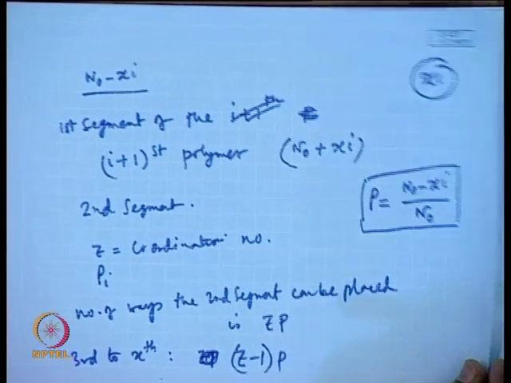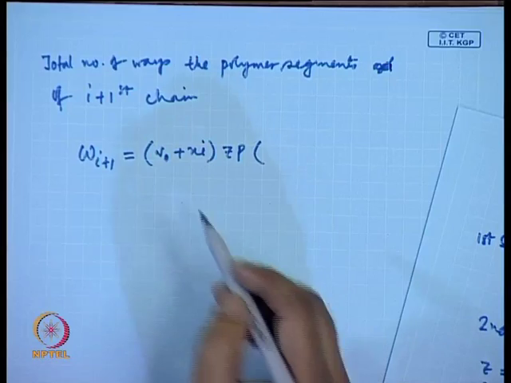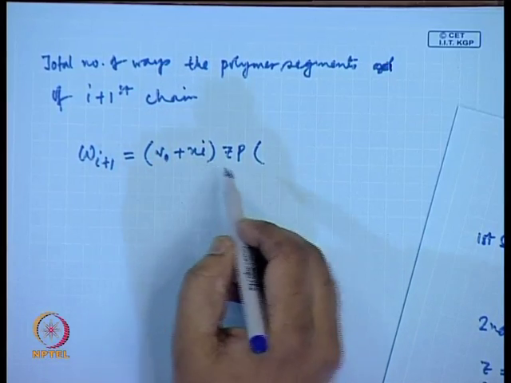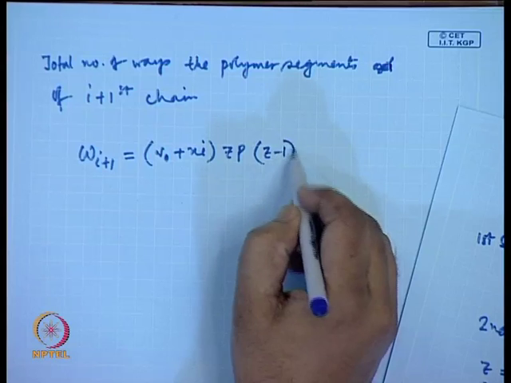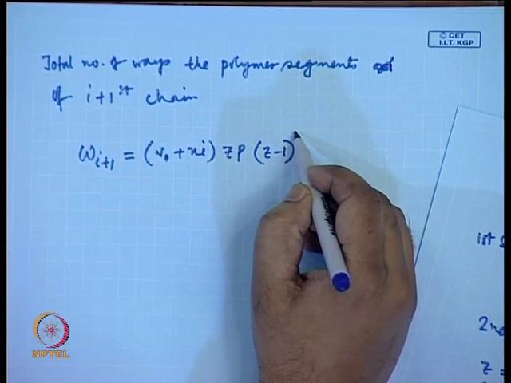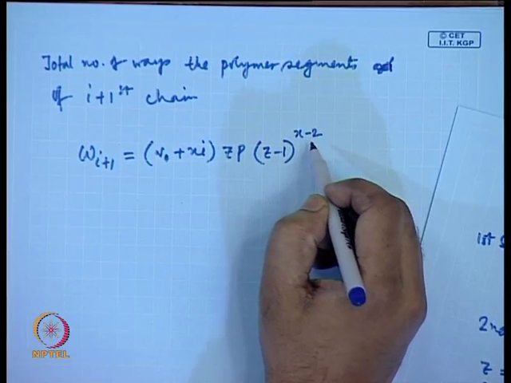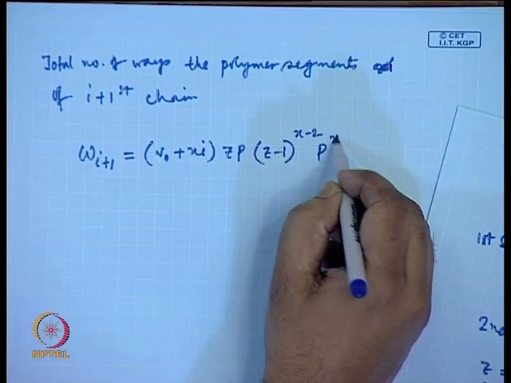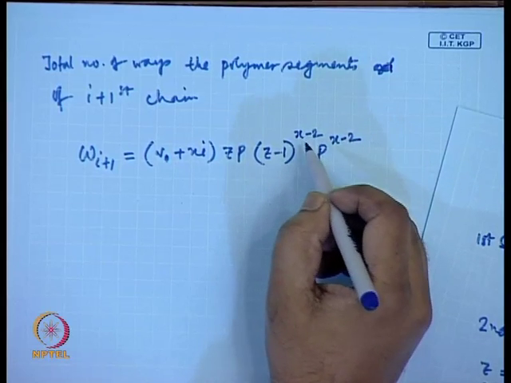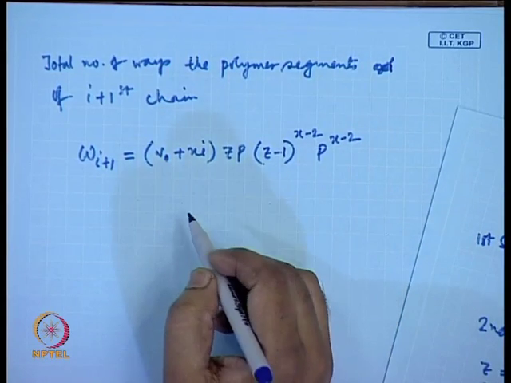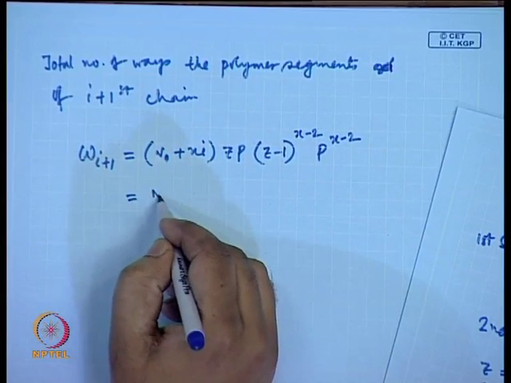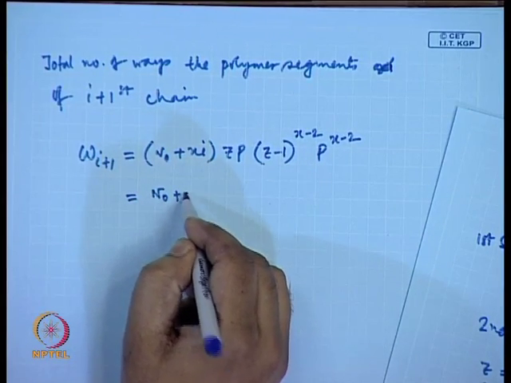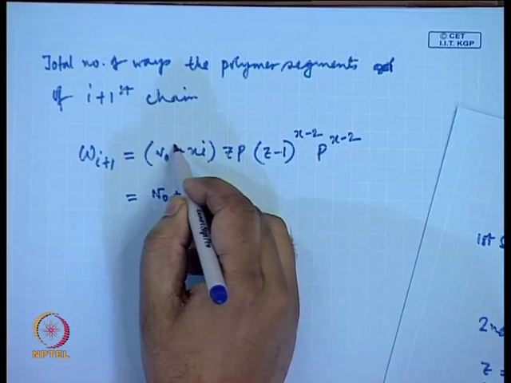So, this is for the first segment, this is for the second segment, and this is for the third to the last segment. Now I will quickly go through the mathematical part, which is not plus, this is minus, sorry.